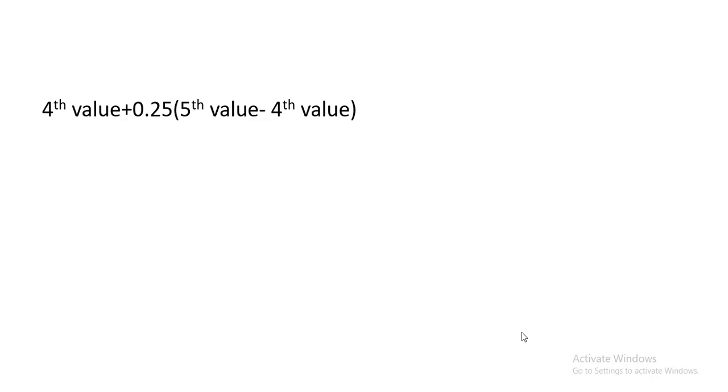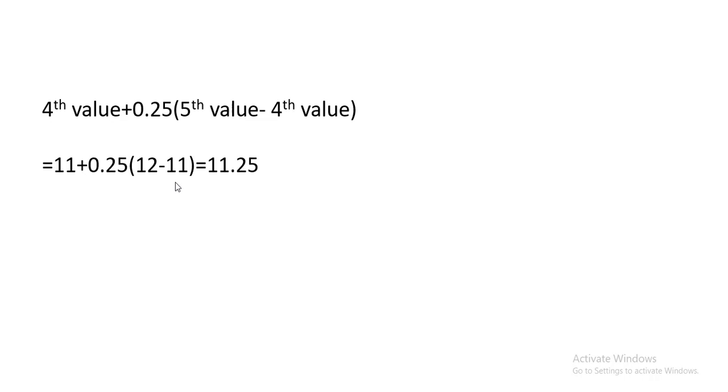Now we need to find the 4.25th value, and this type of value is easily determined by this method: fourth value plus 0.25 into (fifth value minus fourth value), that is, rounding after and rounding before. So it will give me 11 plus 0.25 into (12 minus 11). Their difference can be 1, can be more than 1, or sometimes equal to 0 as well.